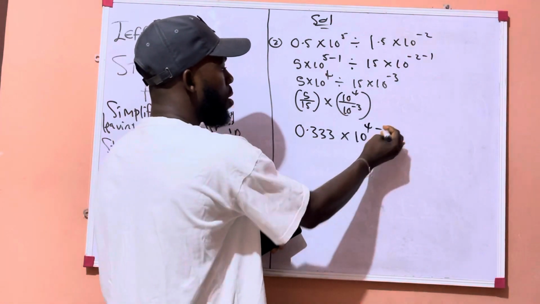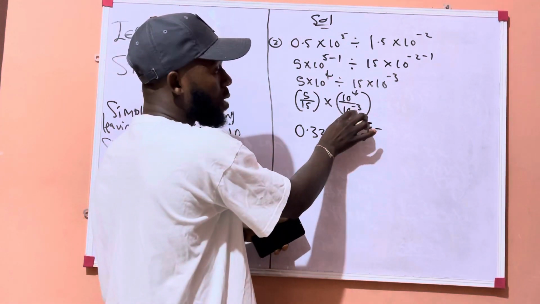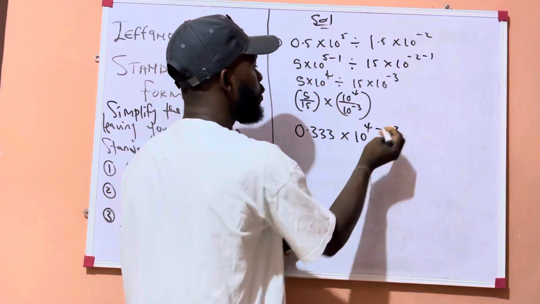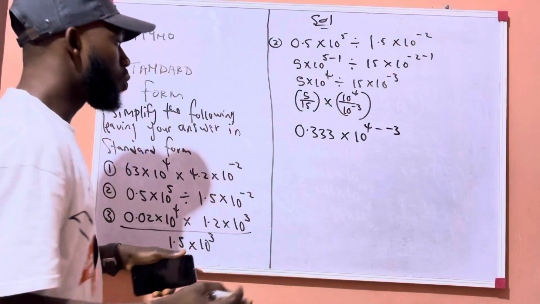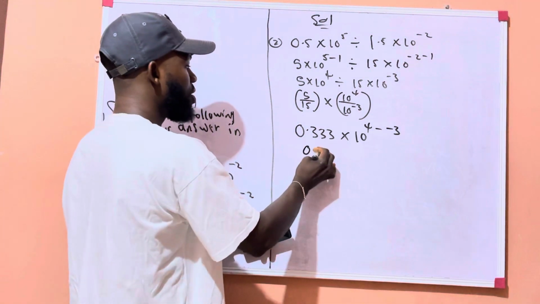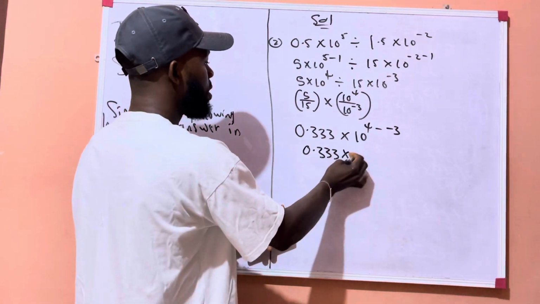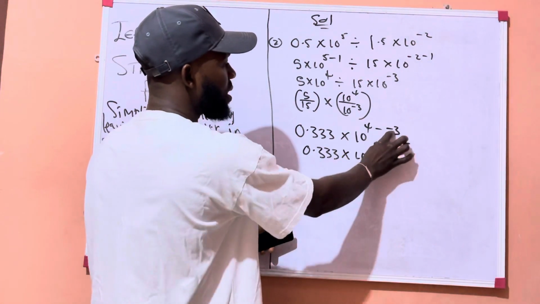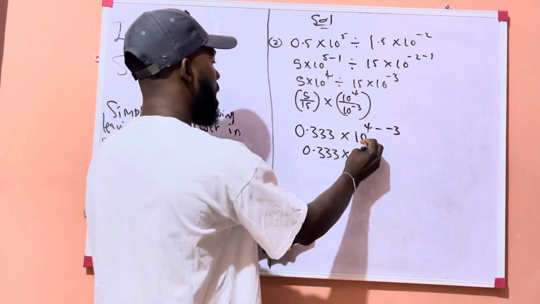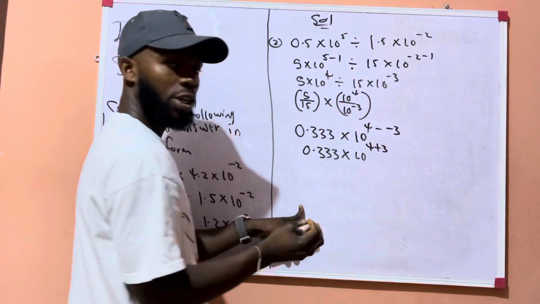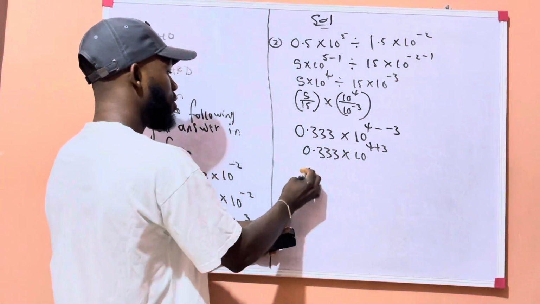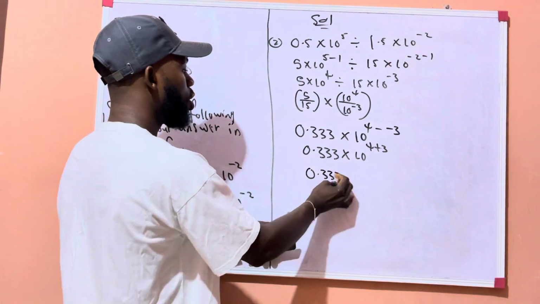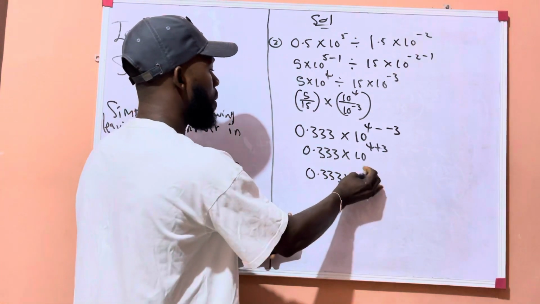Now division becomes minus. Now my other power is negative 3. So what do I have? 0.333 times 10 raised to the power of, minus times minus will give us plus, so 4 plus 3. So finally I have 0.333 times 10 raised to the power of 7.